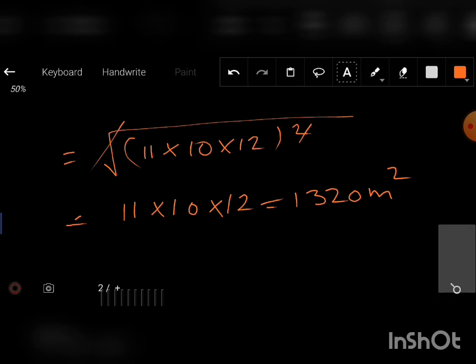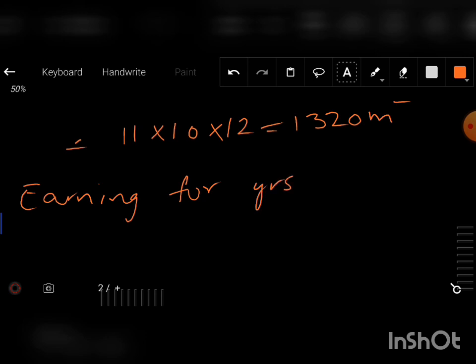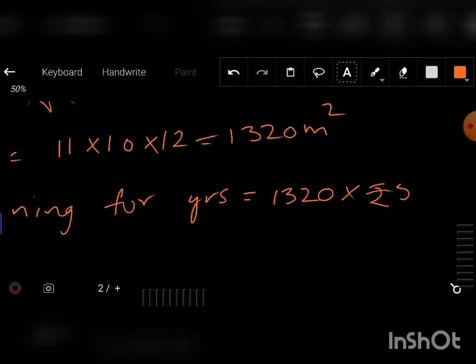So it is given that the earning for 1 year equal to 1320 into rupees 5000 per meter square.